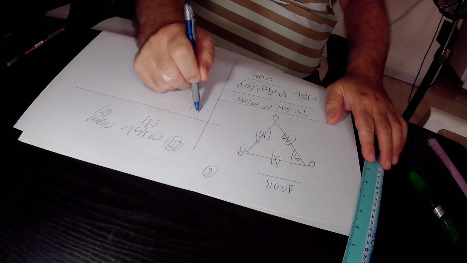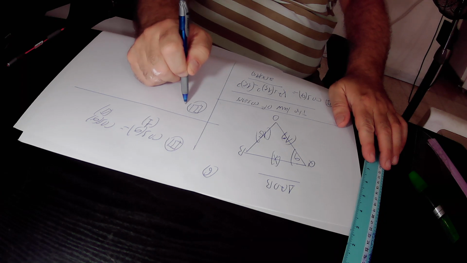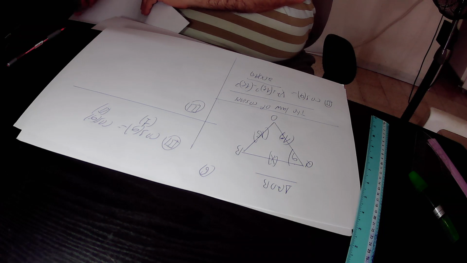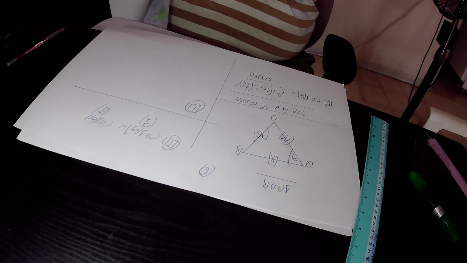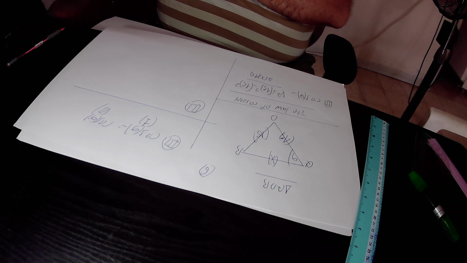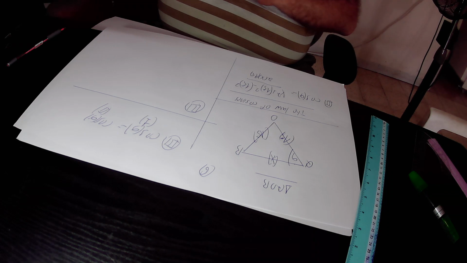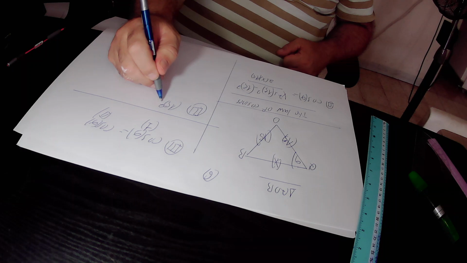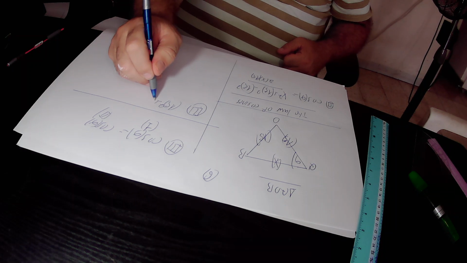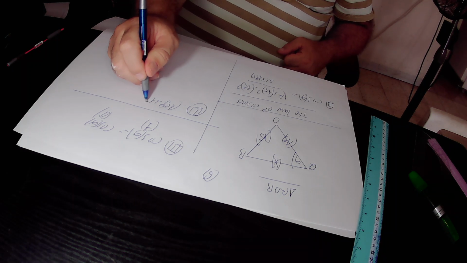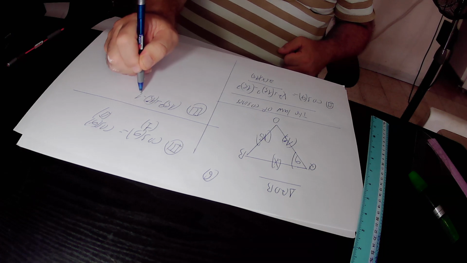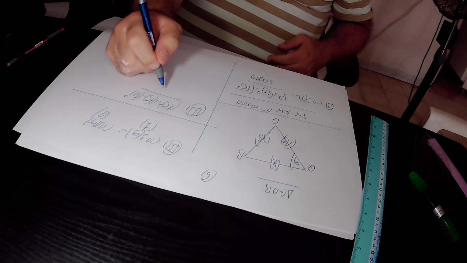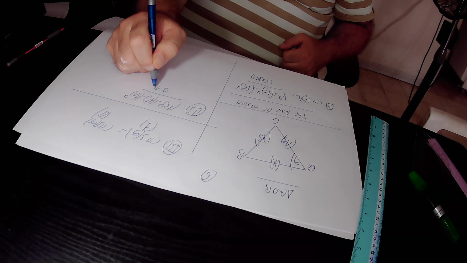So cosine alpha according to equation 1 equals 15 squared plus 15 squared minus 10 squared divided by 2 times 15 times 15.